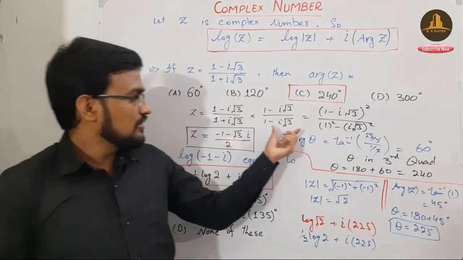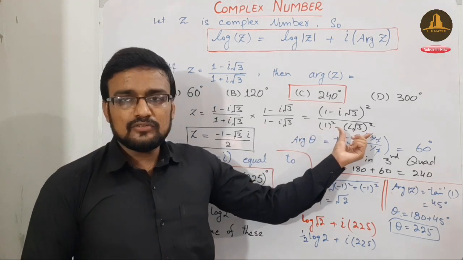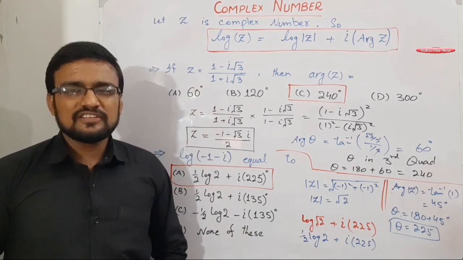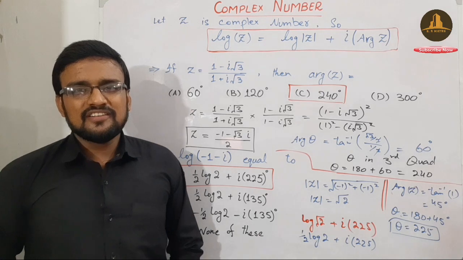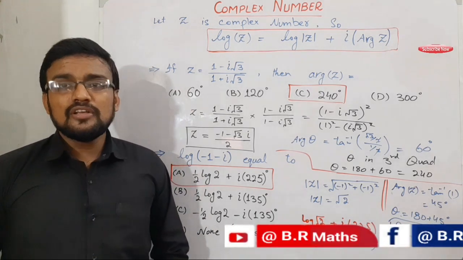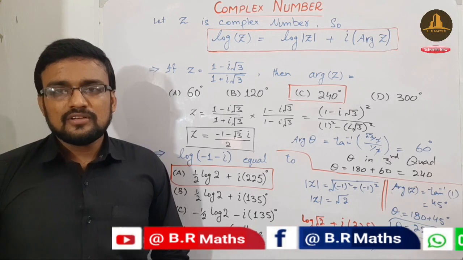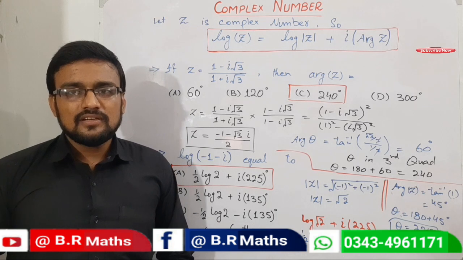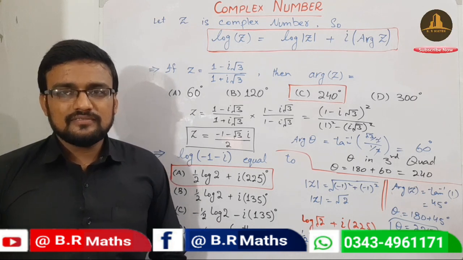If you did not understand this, please see my previous lecture and its link is given in the description. I hope you understand these two important MCQs, and this is not only two important MCQs, this is a main topic of PPSC and other tests.